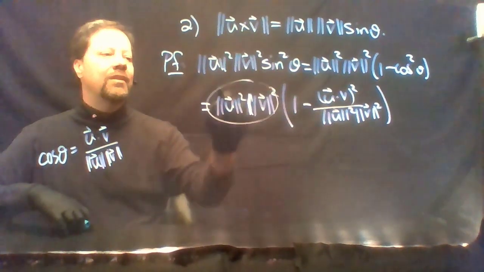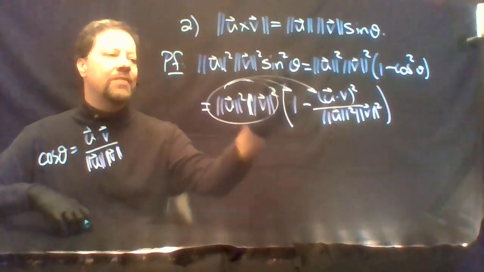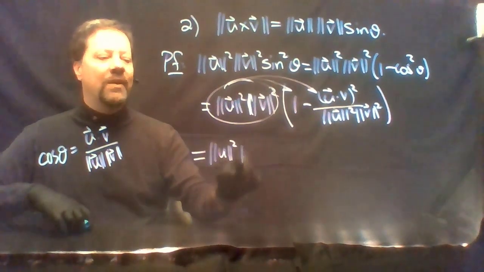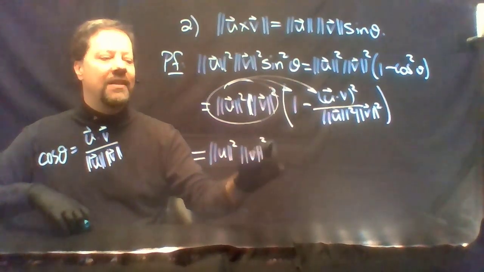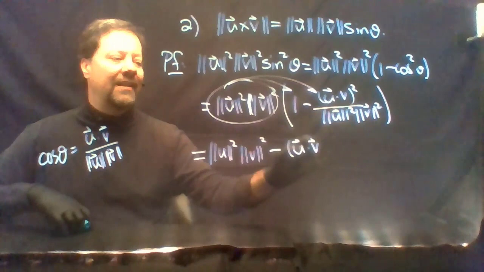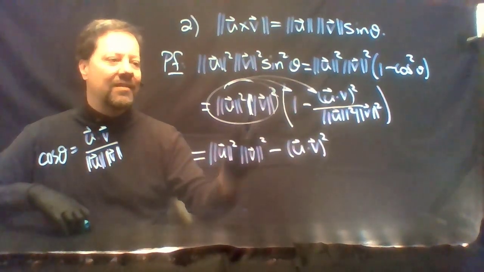Now, distributing to the two terms inside of the parentheses, we have norm u squared norm v squared minus u dot v squared.